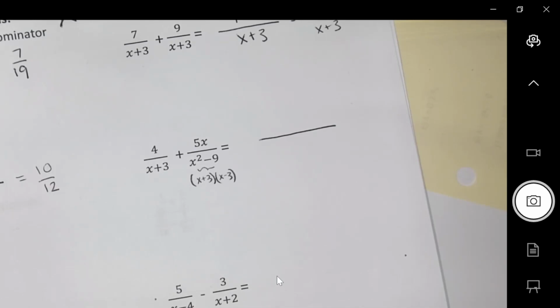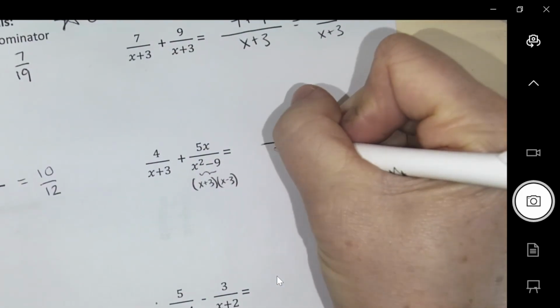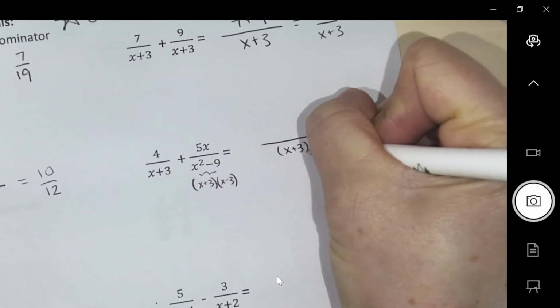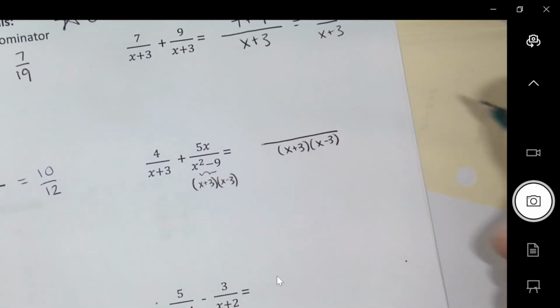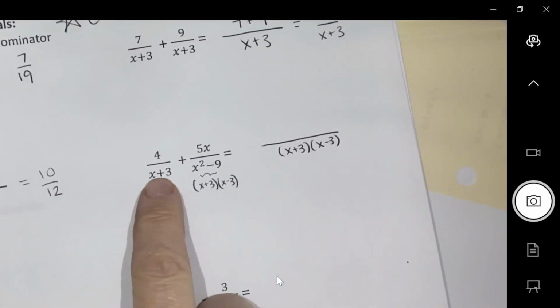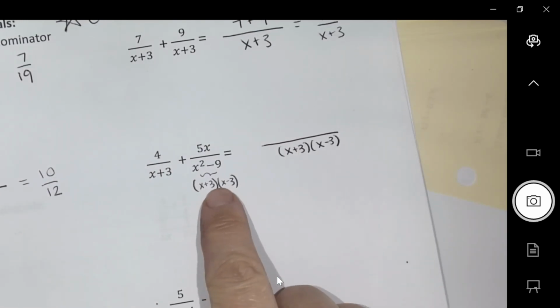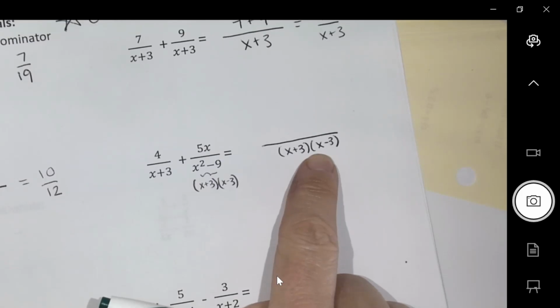Now I'm going to think, what do I need in order for both fraction bottoms to fit into? I'm going to need an x plus 3 and an x minus 3. Okay, I'm going to look. Does this fit into that? Yep. Does this fit into that? Yes.